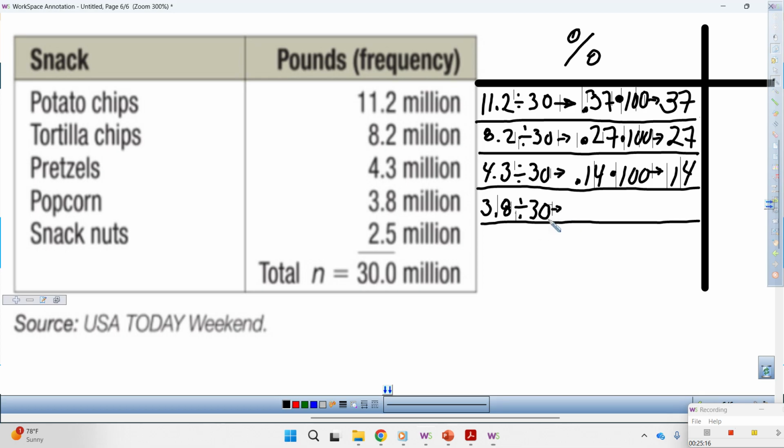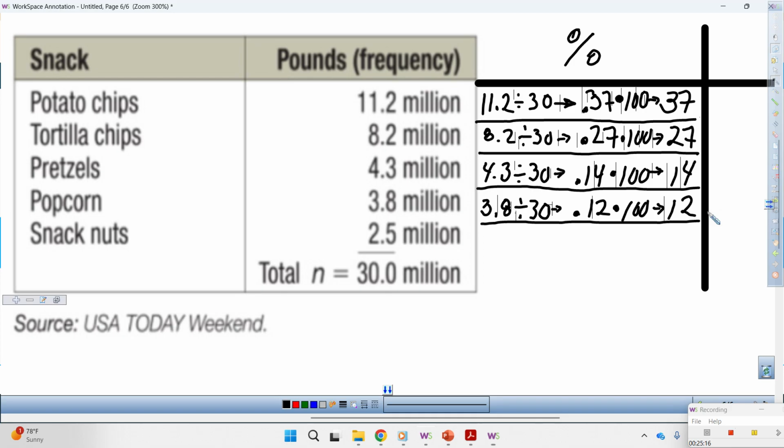What is it? 0.12. 0.12 times 100, and that gives us 12%.